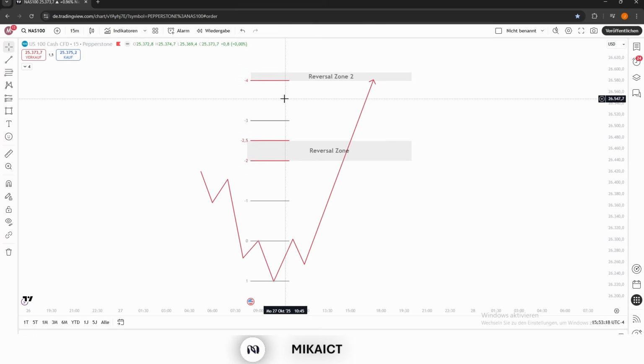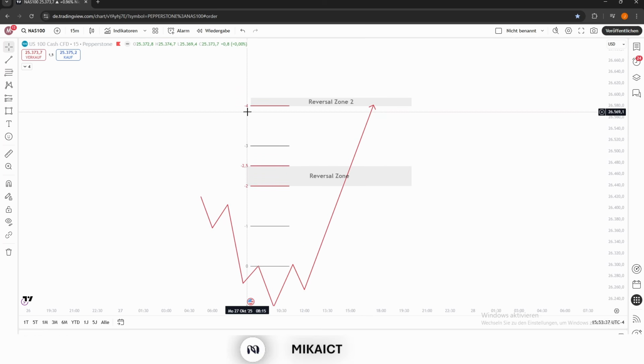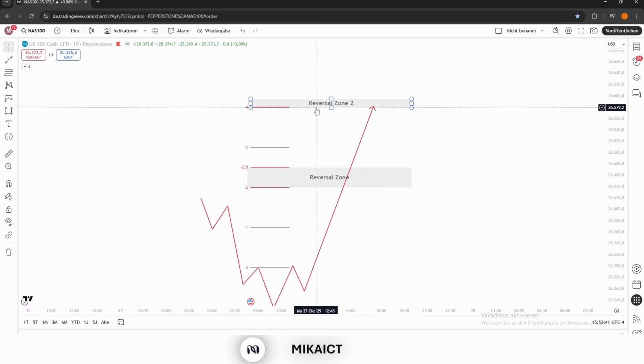For me, the only two relevant levels are the price between -2 and -2.5, which I already called reversal zone 1. This is the first zone where I'm looking for potential reversals, but that's not the case here. And the last zone is the -4 level, and I'm going to show you some examples. This is the last zone where price could reverse.